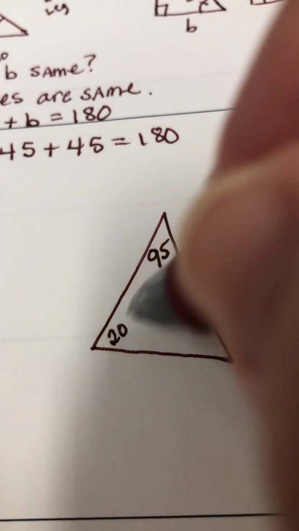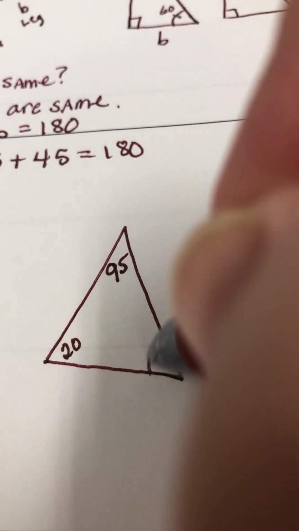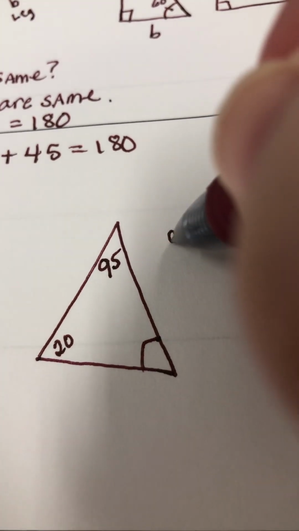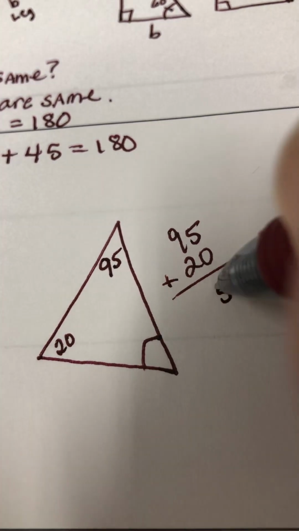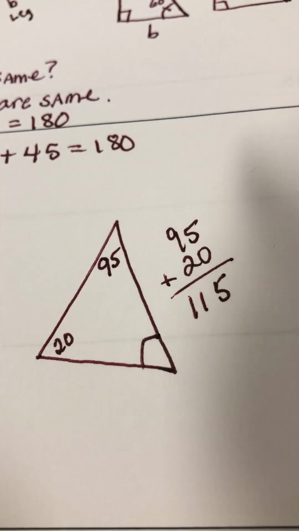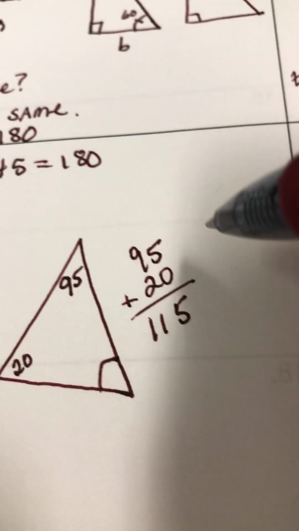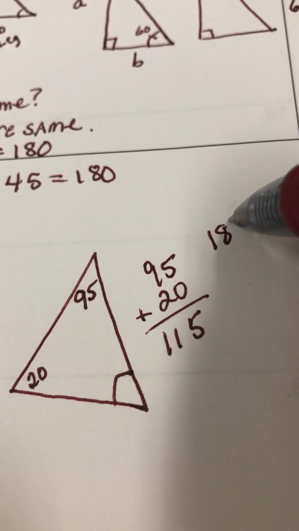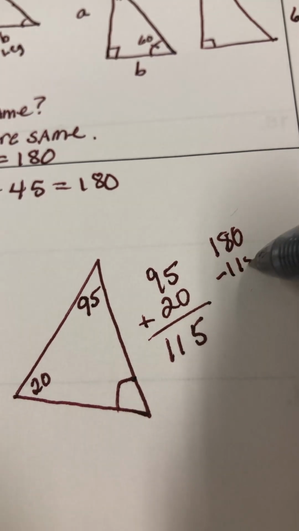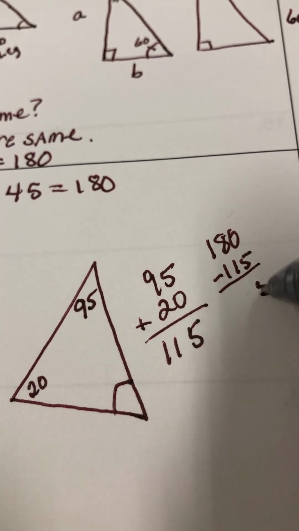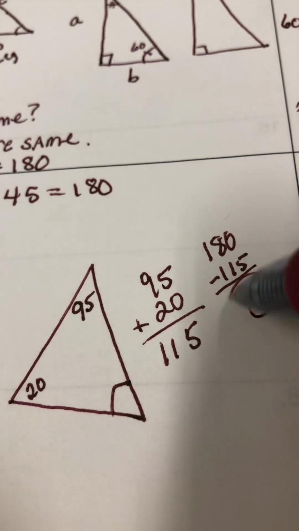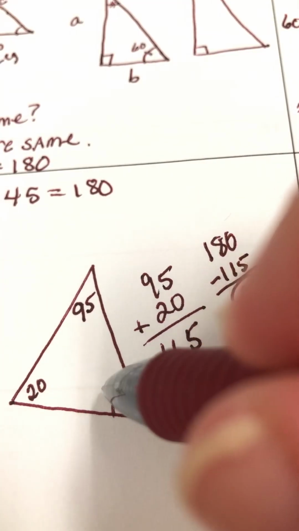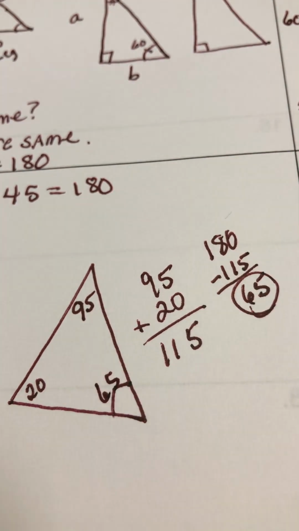But if this is 20 and this is 95, and I need to know what this missing angle is, then it's 95 plus 20, tells me how much I've used. I've used 115 degrees out of a possible 180. So let's subtract that 115 from the 180 and see how much we have left over. We have 65 degrees left over. So that must be 65 degrees.